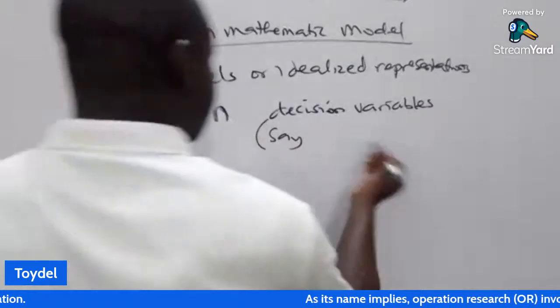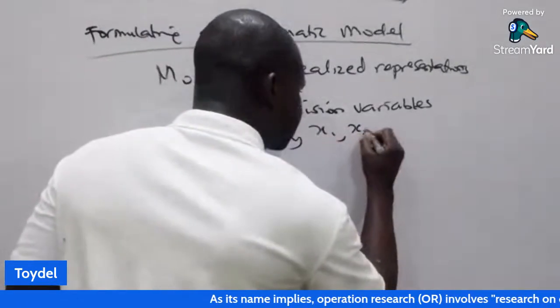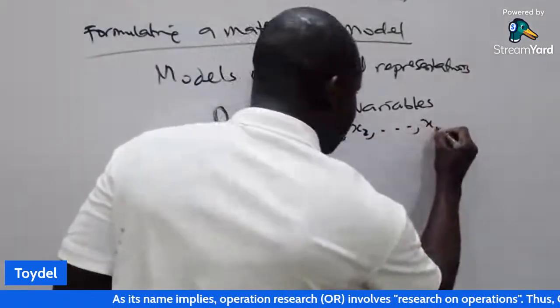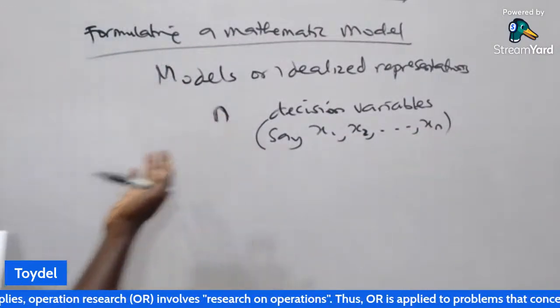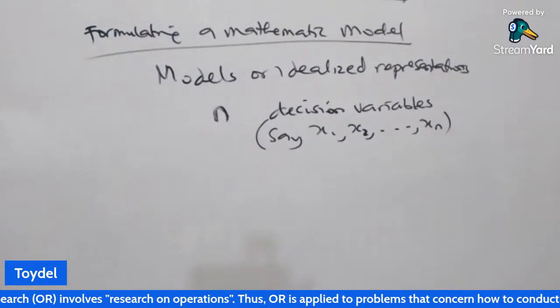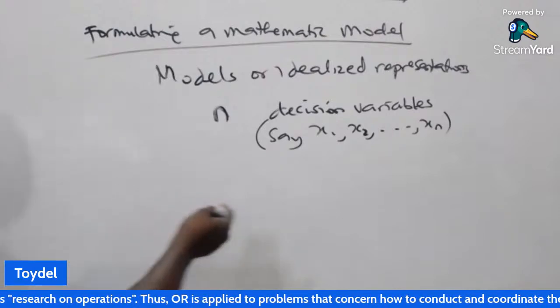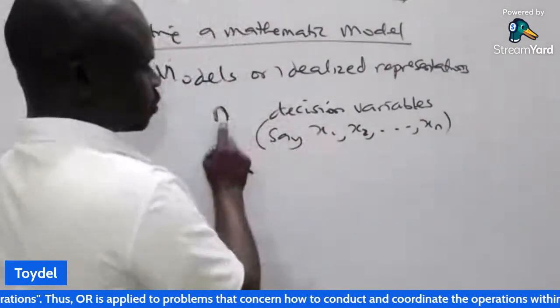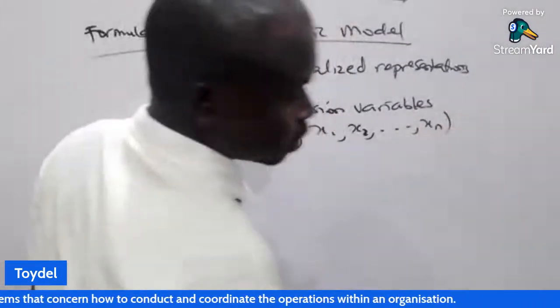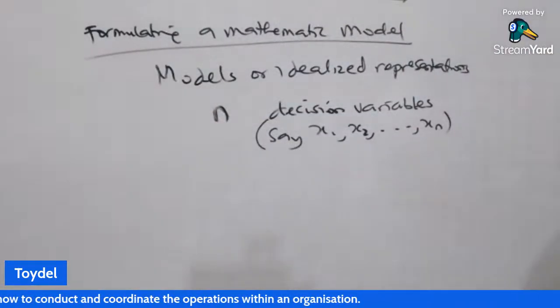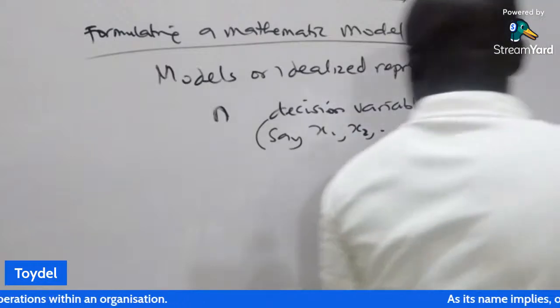We can say it's x1, x2, up to xn. This is how we are going to represent it. x1 can be the first decision, x2 can be the second decision, up to the last decision that we actually want to make.